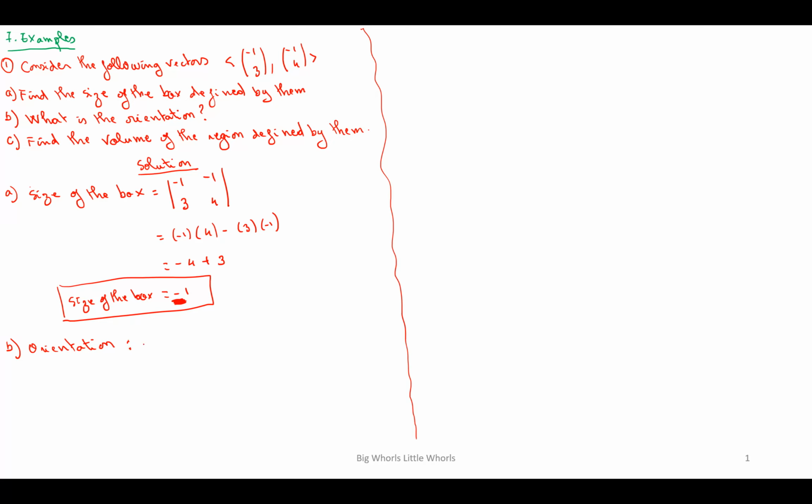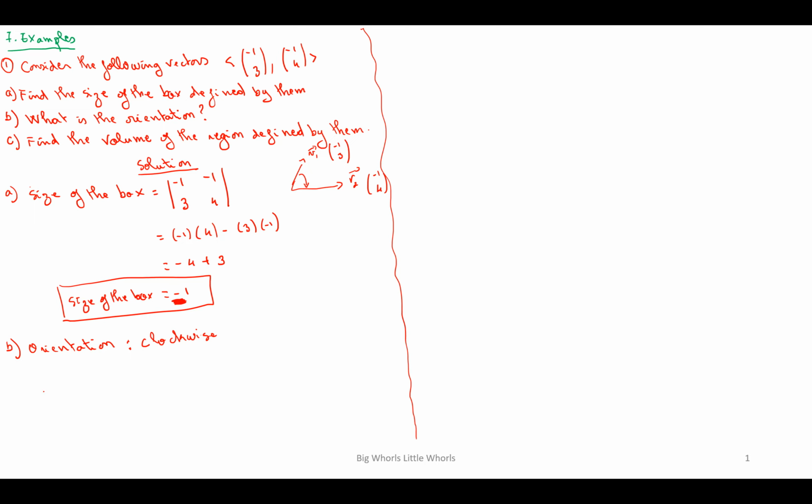So the orientation is clockwise. That means we are going from the first vector to the second vector this way. Let's call them v1 and v2, where v1 is (-1, 3) and v2 is (-1, 4). So we are going clockwise.